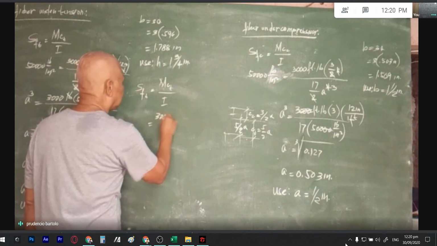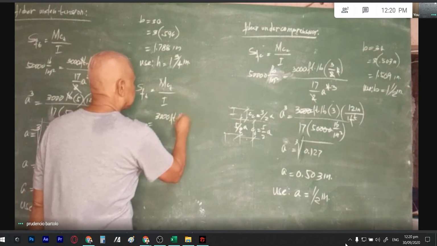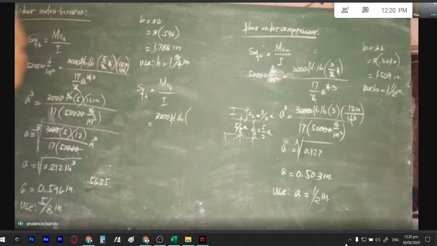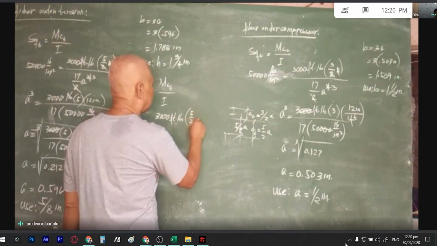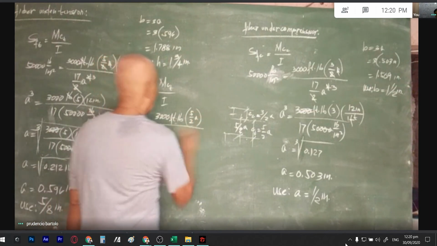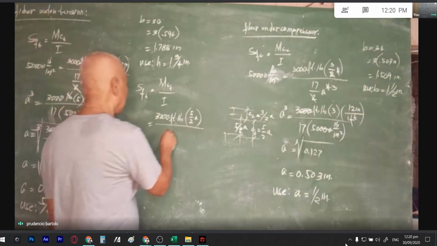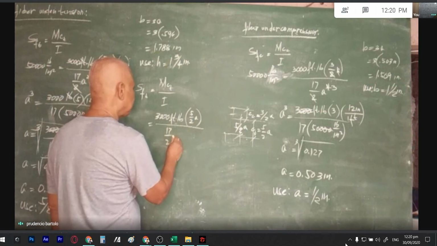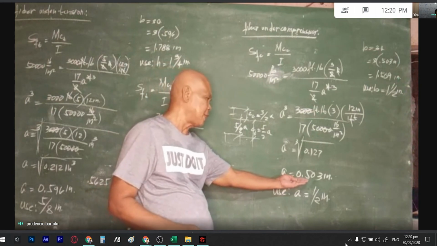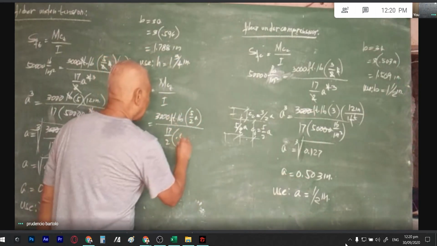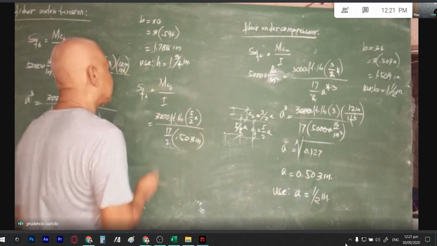We substitute values. Maximum moment is 3,000 foot-pounds. Our C under tension is 5/2A, all over the moment of inertia, 17/2 of A. We are going to make use of this A. So that is 0.503 of an inch.